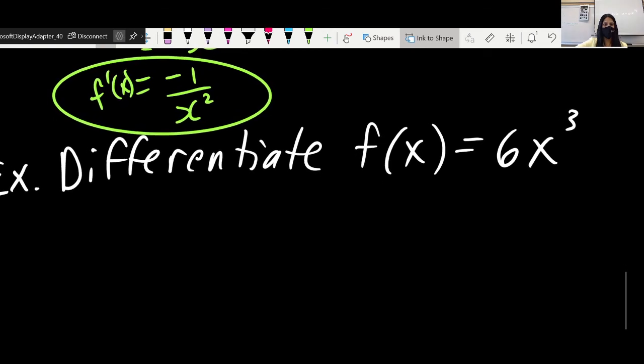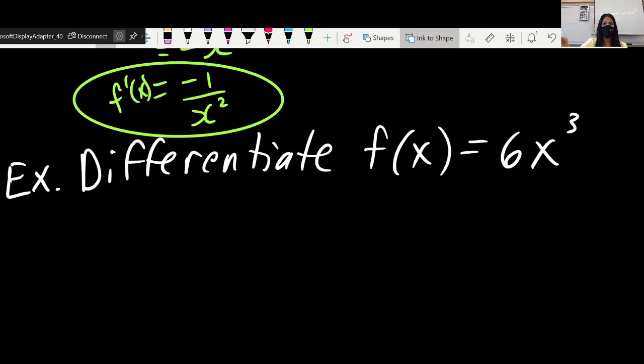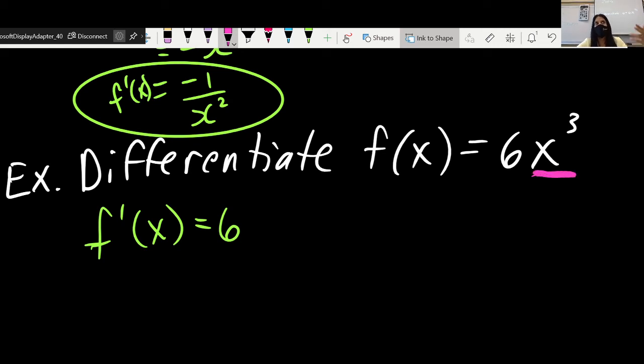Again, a little bit different because now there's a number in front. So if we want to take the derivative, we shove the number in front off to the side for a minute and pretend it's not happening. And we take the derivative, applying the power rule to the other part here.